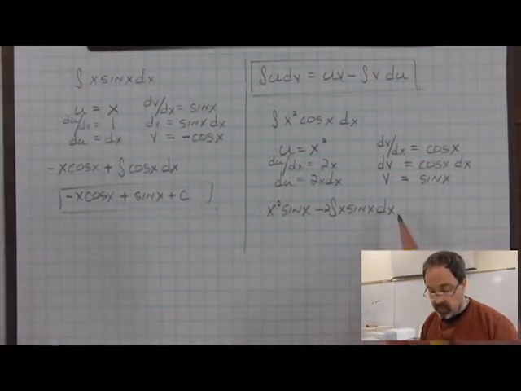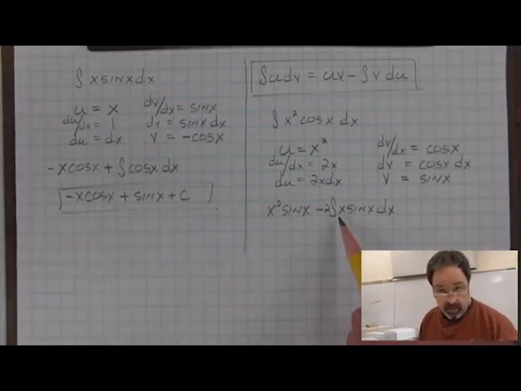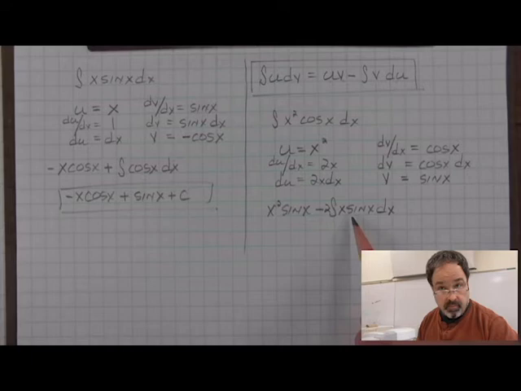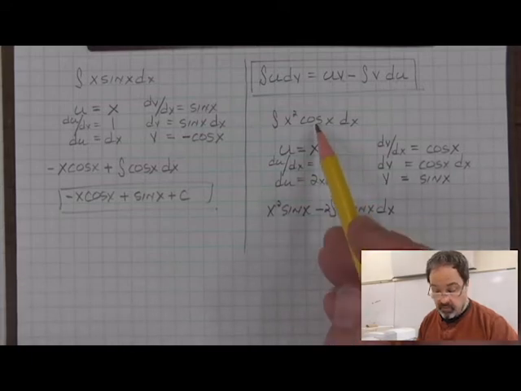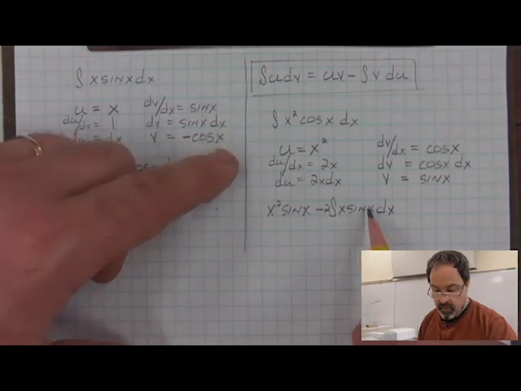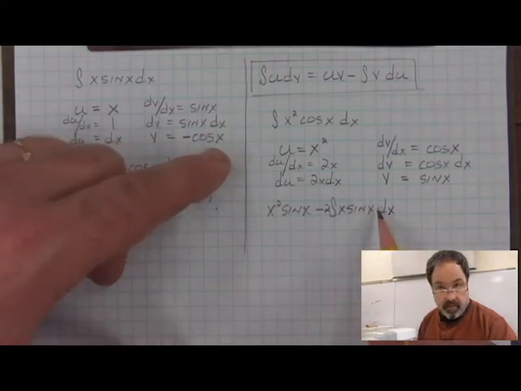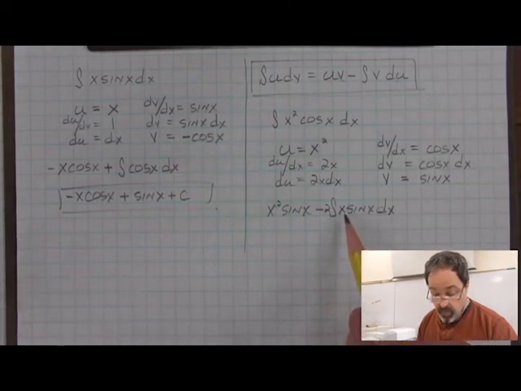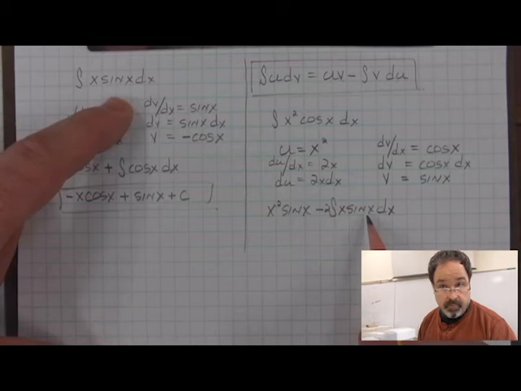I'm going to take a look at that integral and think, is it simpler or has it been made possible by integration by parts? It is only a little bit simpler, but I might be challenged in integrating that. The new integral, x times sine x, was done in the previous problem.